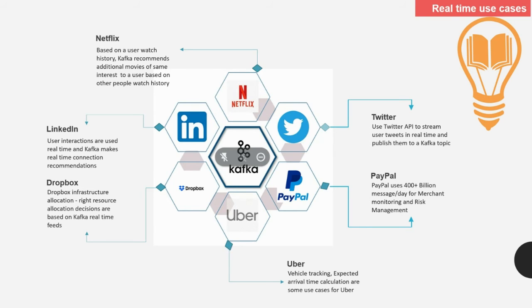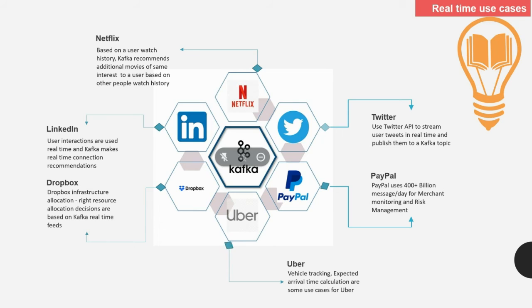Next, one of the largest Kafka infrastructures is managed by Uber for real-time stream processing of Uber vehicle location, expected time of arrival calculation of the vehicle, and bill processing. Uber's expected arrival time uses Kafka extensively for food distribution to a particular destination.